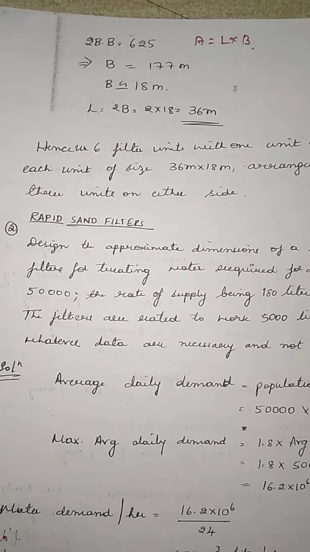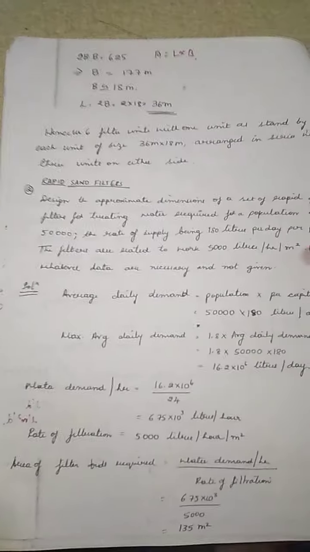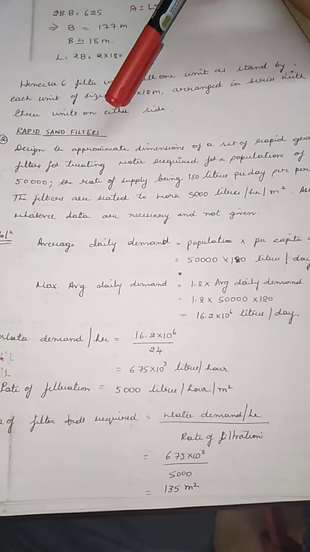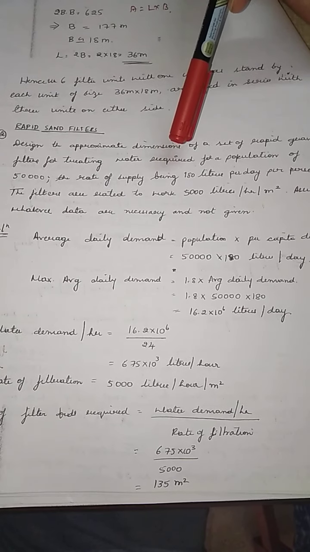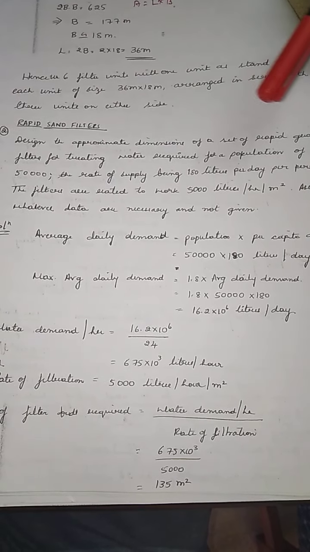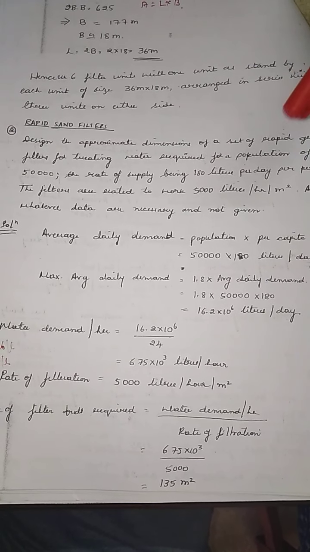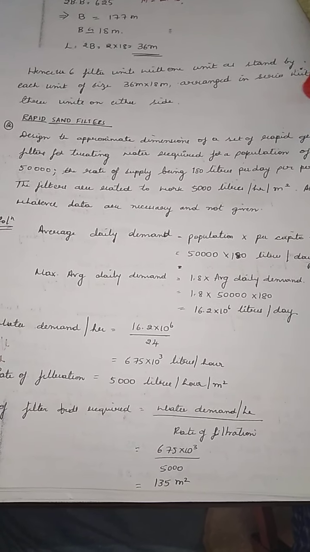Now we are going to see the second type of problem. Here we are going to design the rapid sand filter. Here also we will be given all the data, and you need to design the filter dimensions.